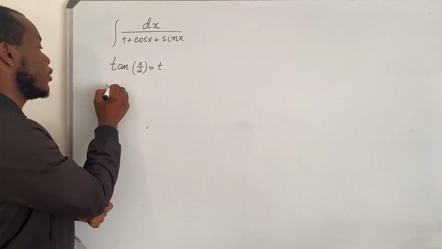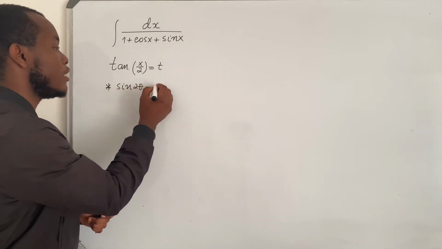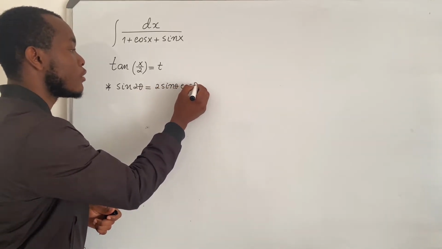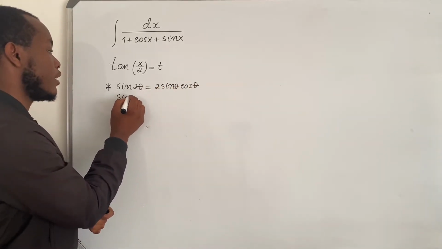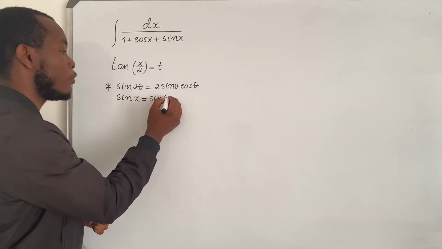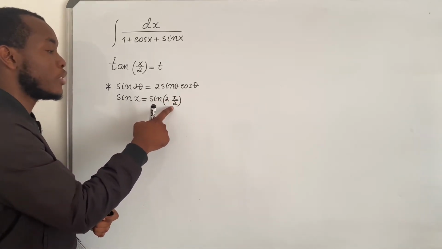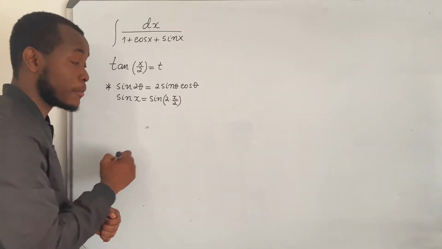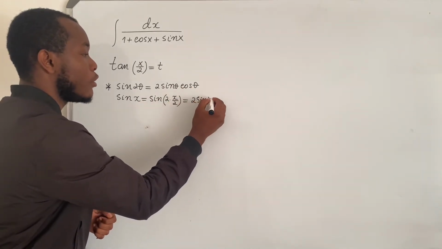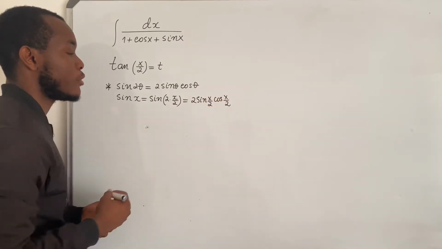All right, we know that sine of 2 times theta is equal to 2 times sine theta cos theta. So this implies that sine of x is the same as sine of 2 times x over 2, because I can simplify this 2 and this 2, I still go back to x. So then I can apply this approach, which will be sine of x over 2 times cos of x over 2.